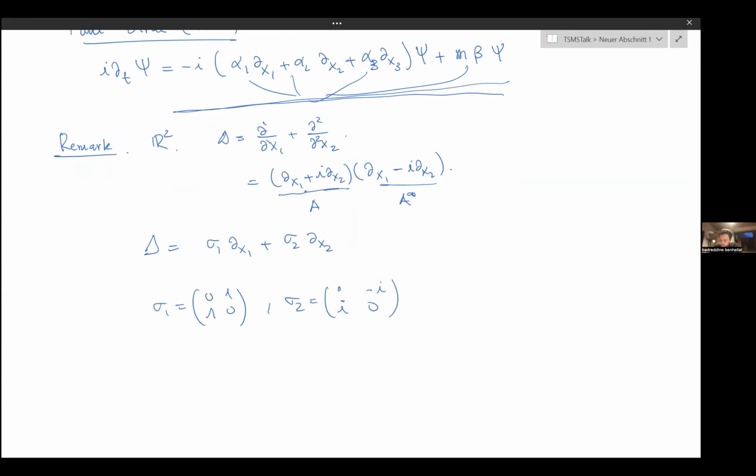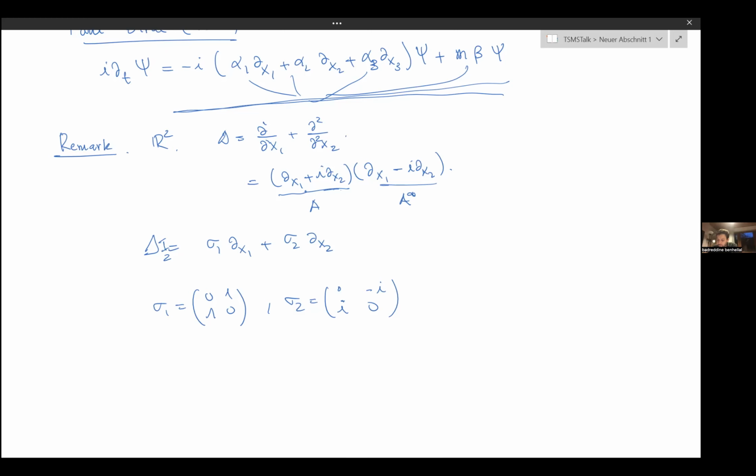If you plug in these two matrices, and of course now you have a two-dimensional matrix Laplacian, and you take the square, then you will get minus Laplacian in this case.